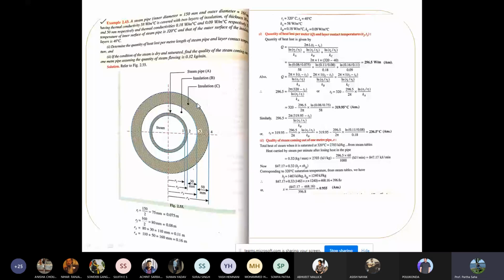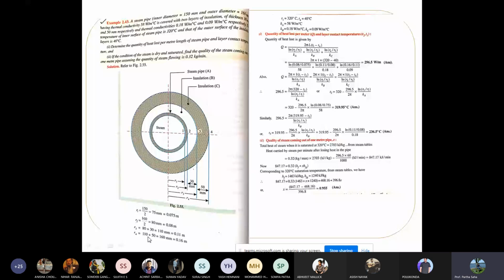In the first radial, R1 is given 75 millimeter, R2 is 80 millimeter, right? What will be the thickness? The thicknesses are given as 30 millimeter and 50 millimeter, right? So R3 will be 80 plus 30, that is 110 millimeter, and R4 will be 110 plus another 50, that is 160 millimeter.